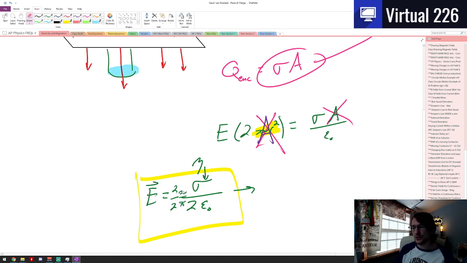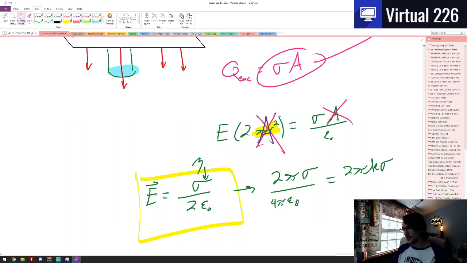You're essentially multiplying by 1, but what you'll get instead is a 2 pi and then the charge density divided by 4 pi epsilon naught, and some people just like to write this as 2 pi k sigma.